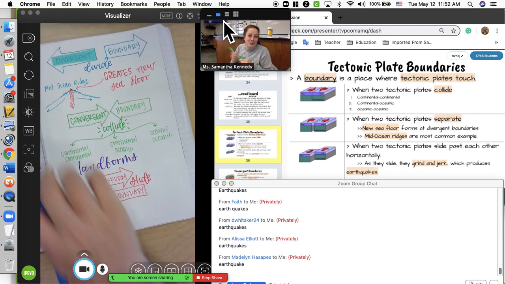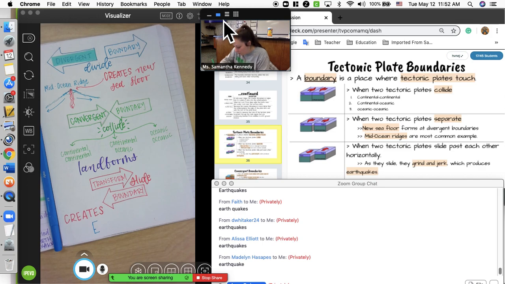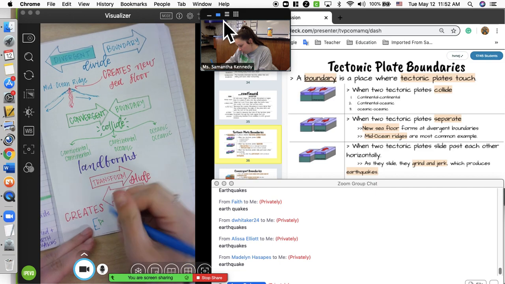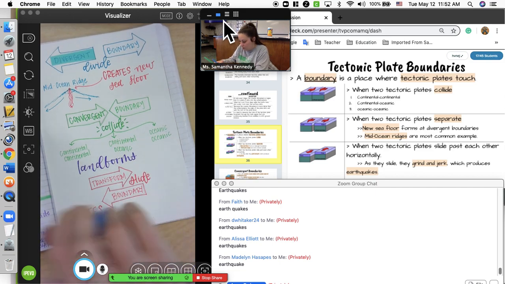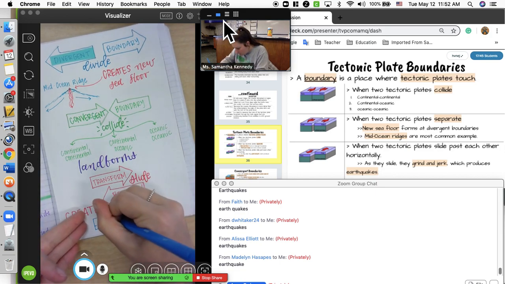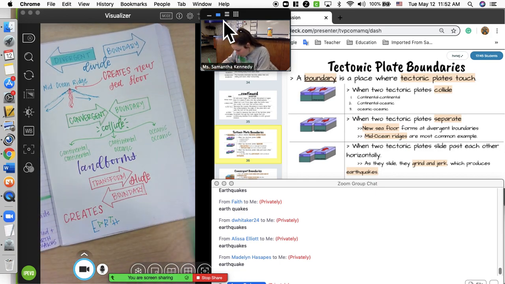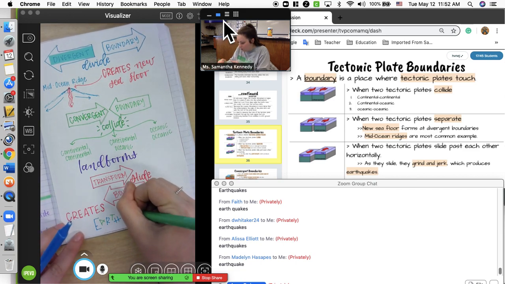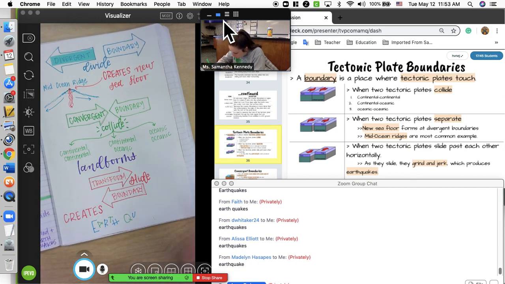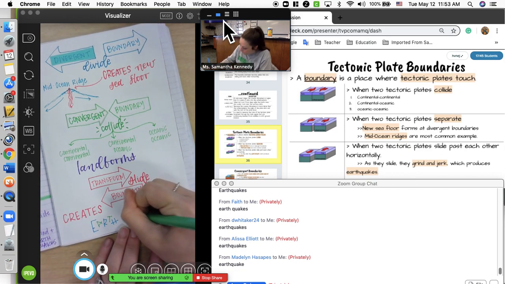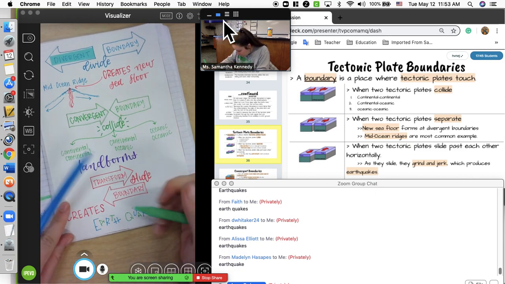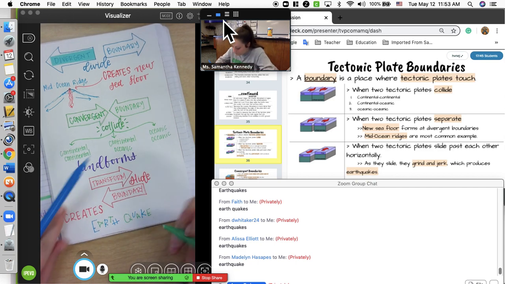I'm going to do green and blue because it's the earth. Except I'm going to do it all weird because it's an earthquake. Cute.